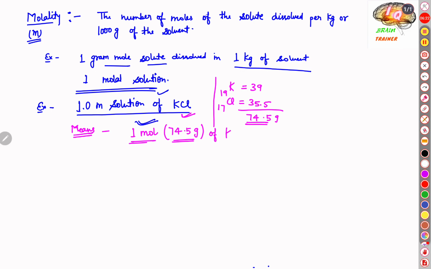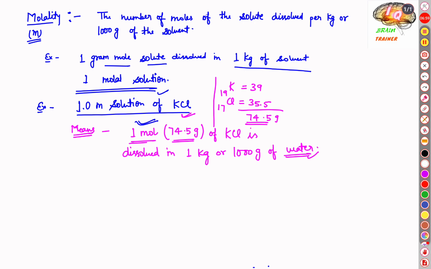It means that 74.5 gram of KCl is dissolved in 1 kg or 1000 gram of water or any solvent. You know water is a universal solvent. At most places we take water as the solvent. That's why I have written water here. You can take any solvent.